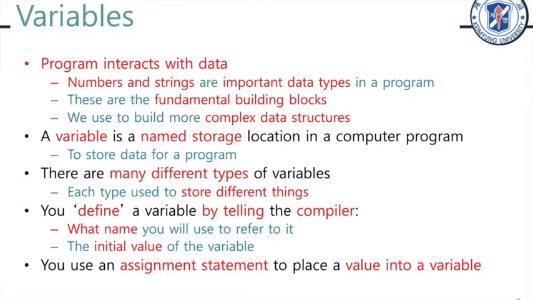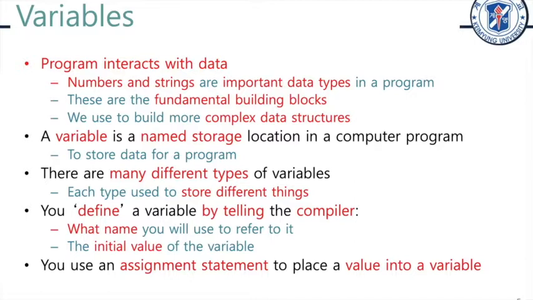So for each type, we have a different type of data or different type of variable. And how do you then write a variable? To write a variable, first you have to define a variable by telling the compiler the name of the variable, and you assign an initial value to that variable.